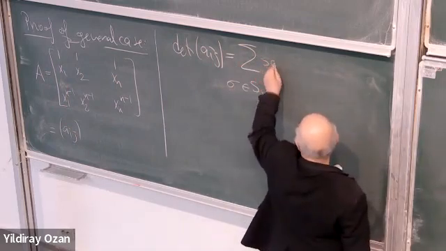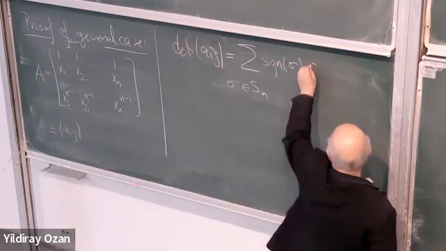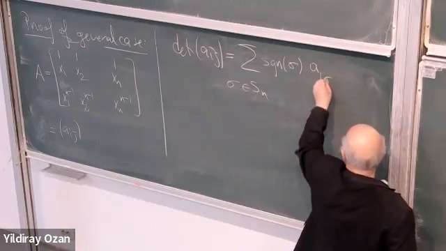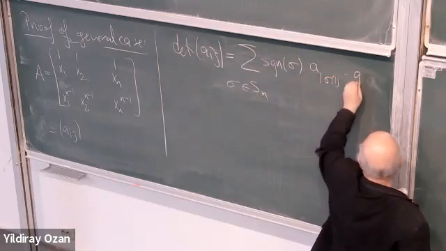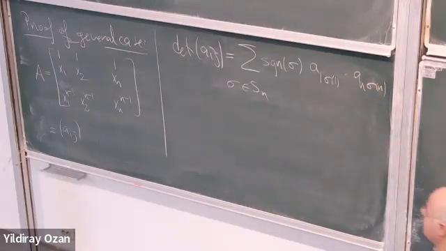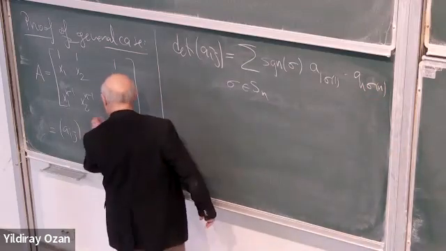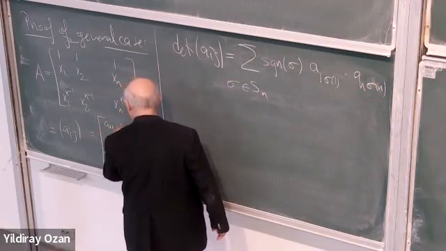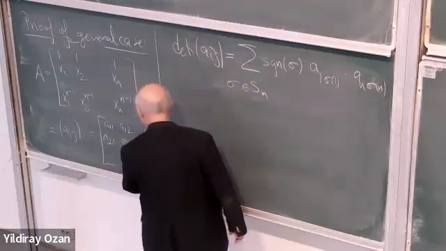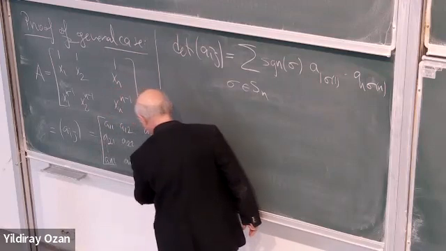You have the sign of the permutation, and then you have A_{1 sigma(1)} up to A_{n sigma(n)}. And this corresponds to the following. So if this is, let's say, like this, A11, A12, A1n, A21, A22, A2n, and so on, and 1, and 2, and n.